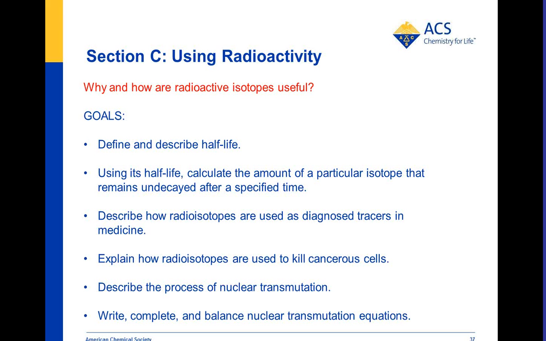And then when we get down to the third and fourth goals, we're really looking at its use as medical diagnoses and treatment. And then finally, the last couple of bullets, following the study of naturally occurring radioactivity, we're going to look at man-made elements. Kids are always excited about that idea, that you can crush things together and make something else. They'd all like to be alchemists, I think.